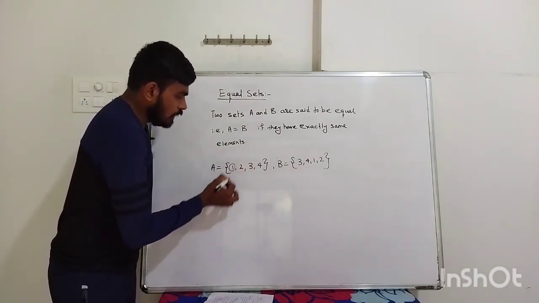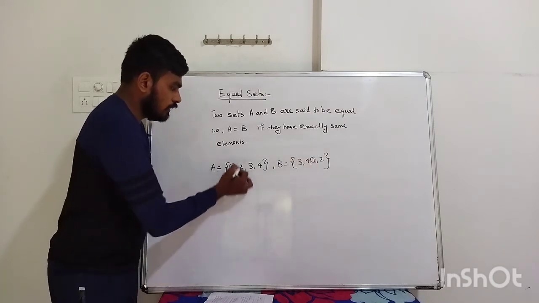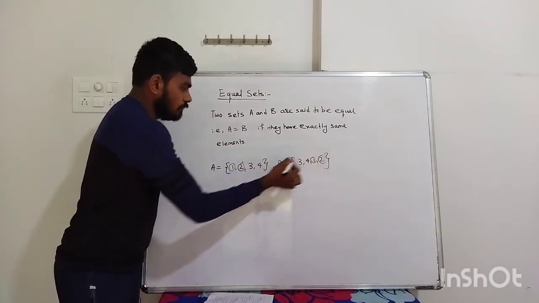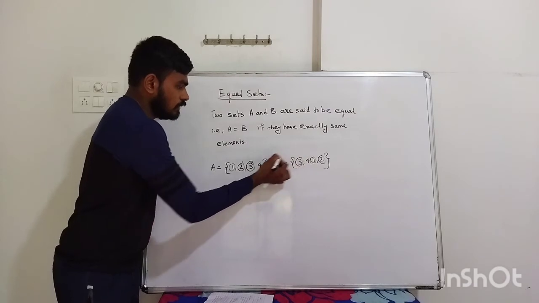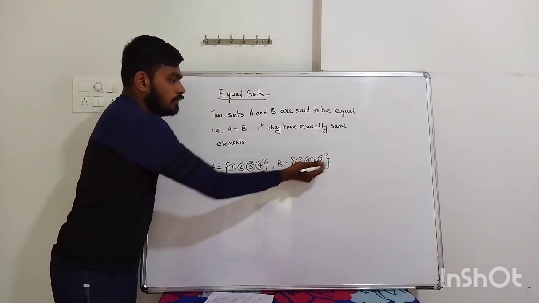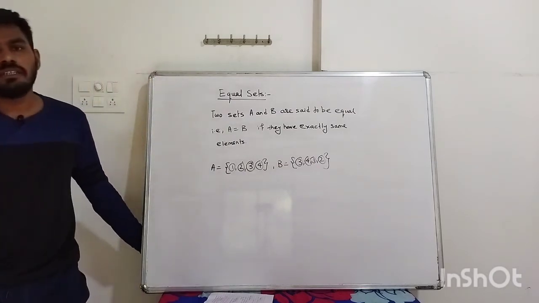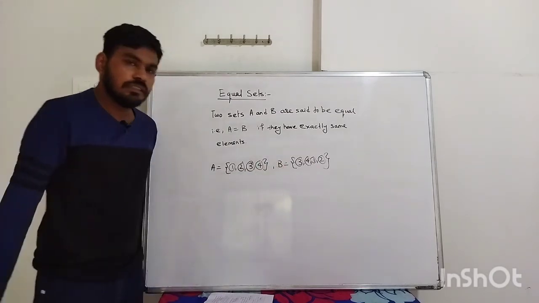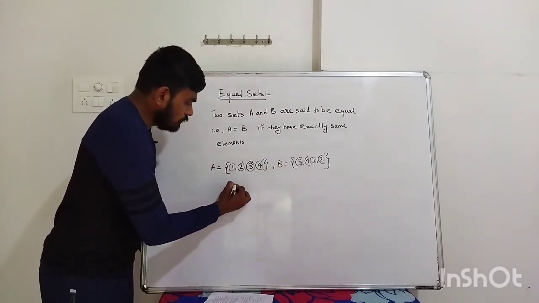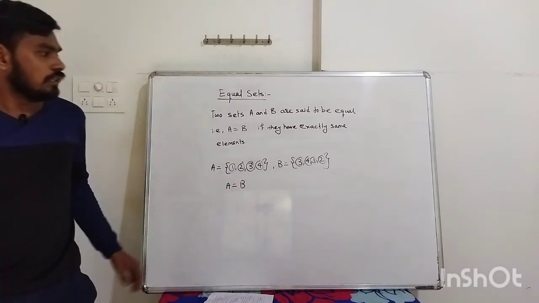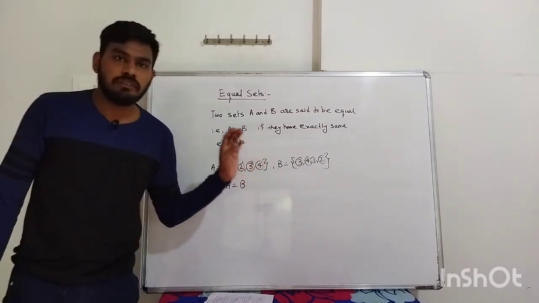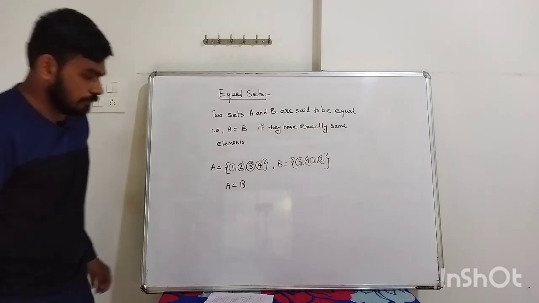Here there is 1, here there is 1. Here there is 2, here there is 2, here there is 3, here there is 3, here there is 4, here there is 4, and there are no extra elements left in this. Here also there are no extra elements left. So they have the same elements, therefore A is equal to B. Don't see how they are arranged. Arrangement is not important in sets.